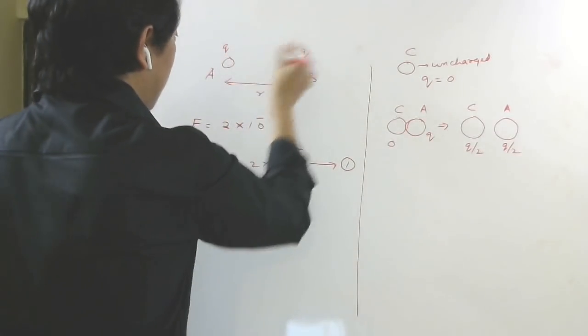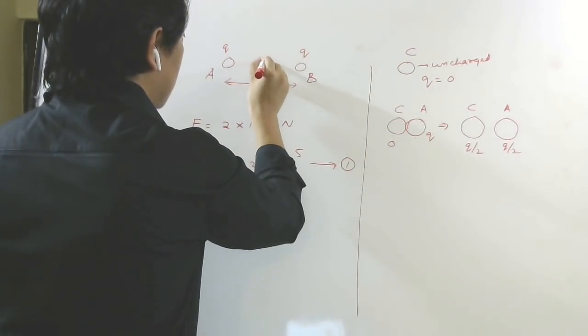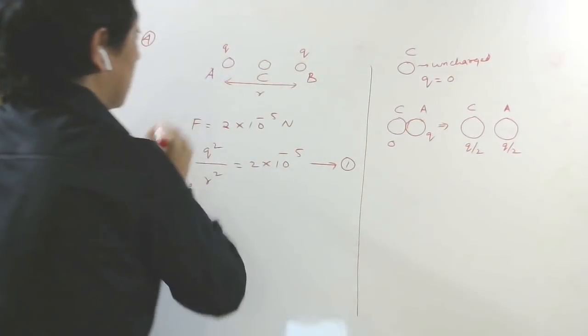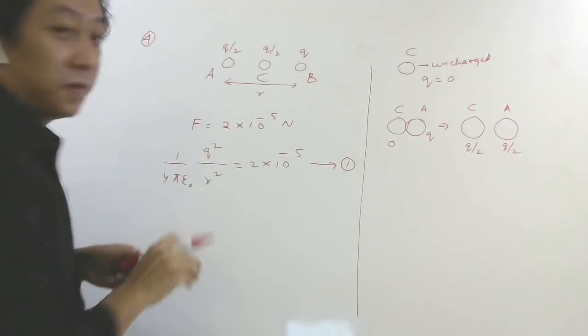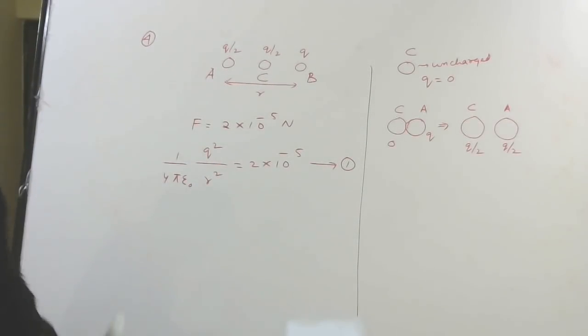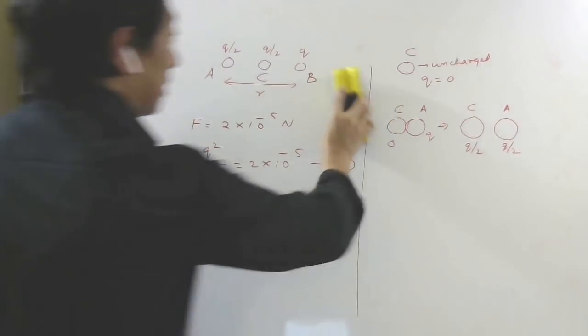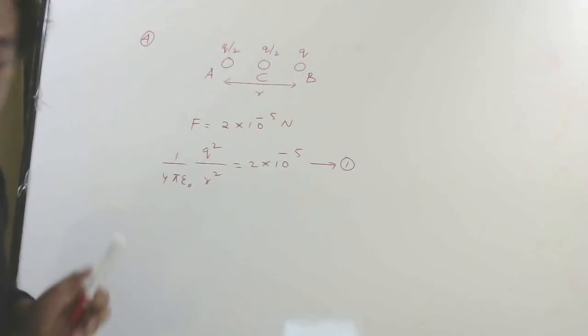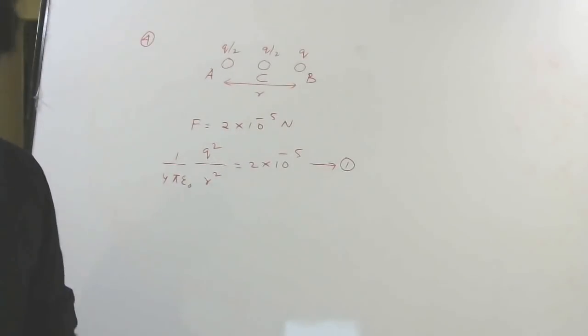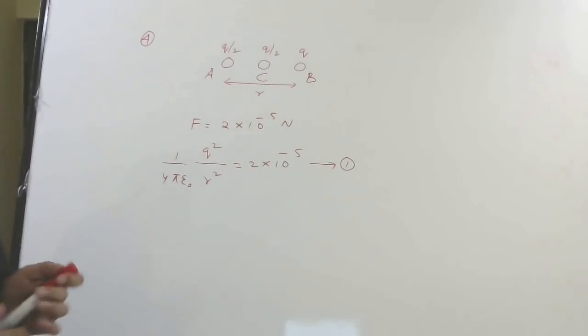So let me draw the next diagram. So this is your C. And that time this will be charged Q by 2 and this will become Q by 2. Okay. So now we have to find force on charge C. Now C will feel force from whom?